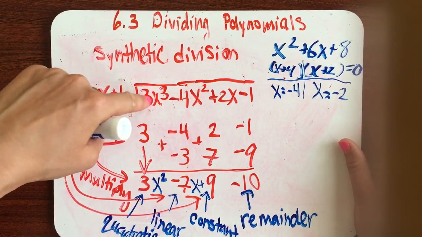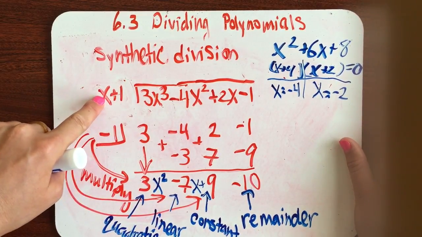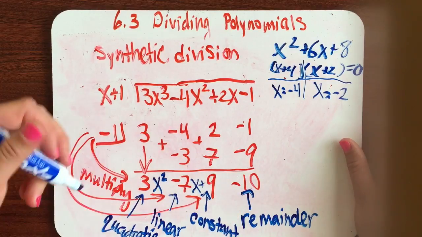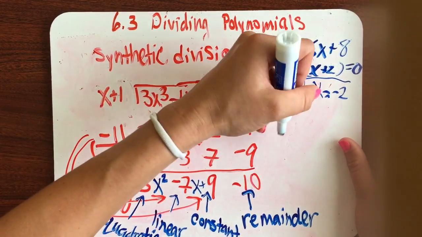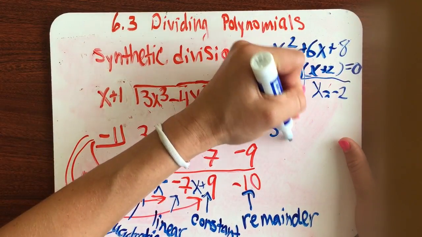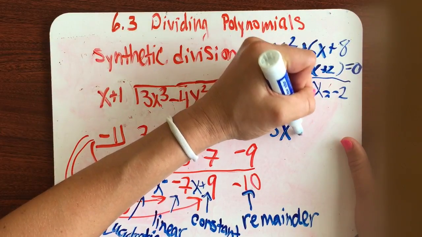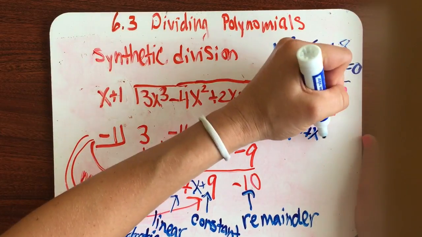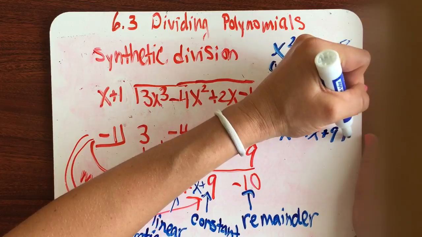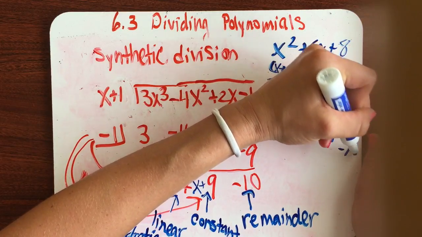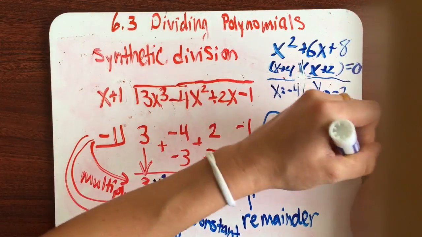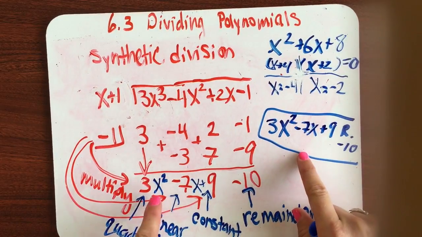So when I divided this cubic by this linear, I got this whole thing, which we can write all together as 3x squared minus 7x plus 9 with a remainder of -10. All from here.